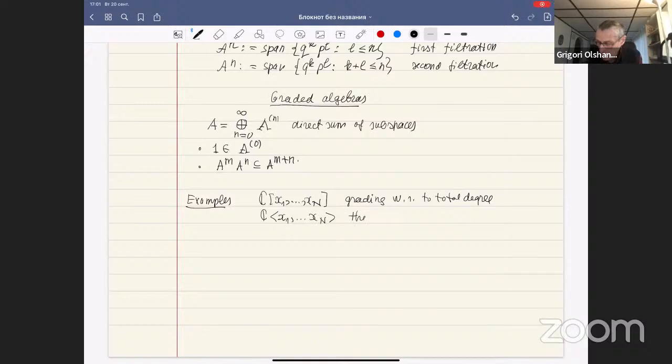Here the basis is formed by words in n letters, including the empty word, which is by definition the unity. And the degree is the number of letters.